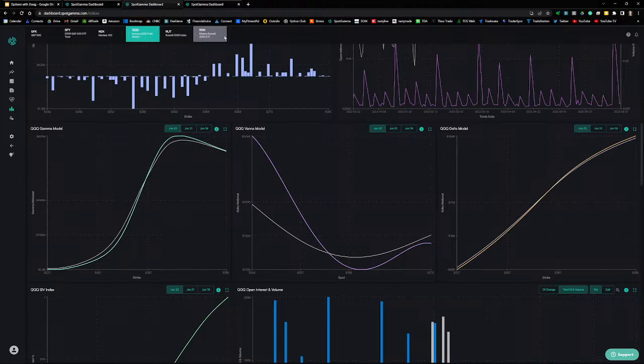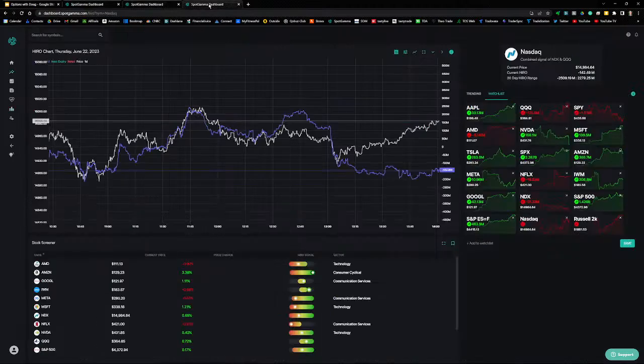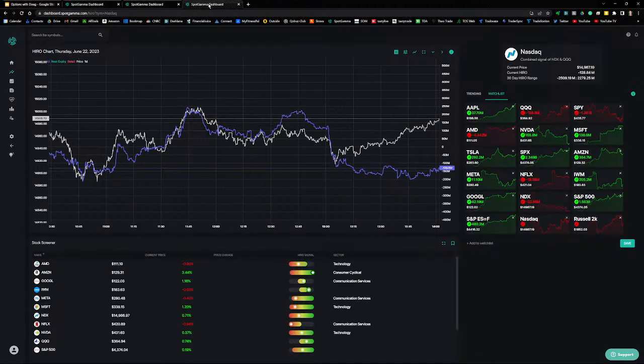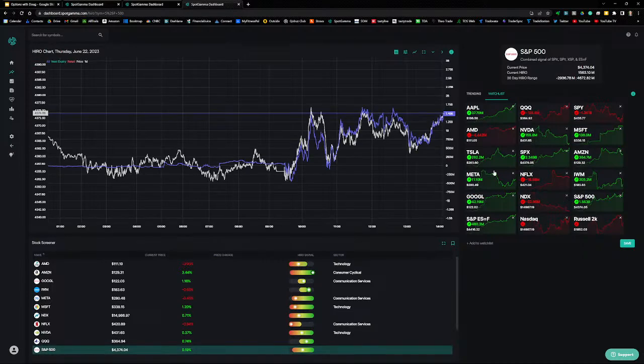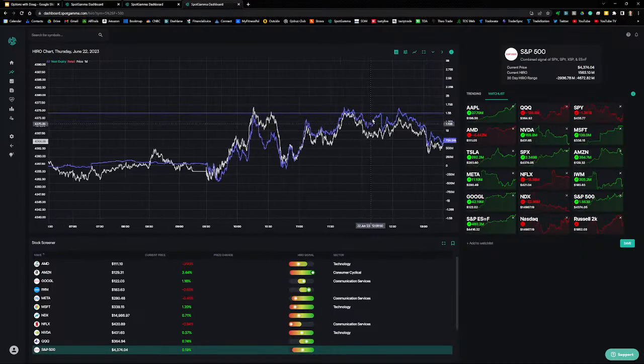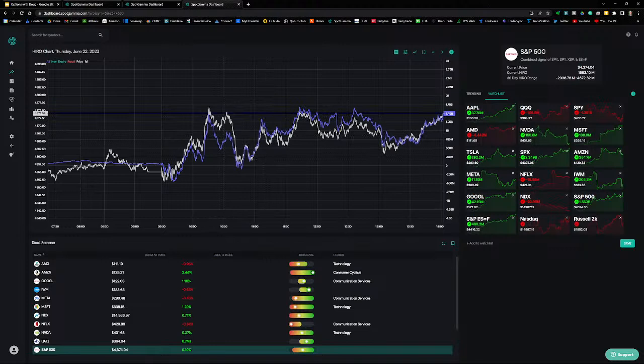All right, so let's start with some setups now, and let's go to the S&P 500 first. What this chart is showing is SPX price shown with the white line and the hero signal shown with the purple line.